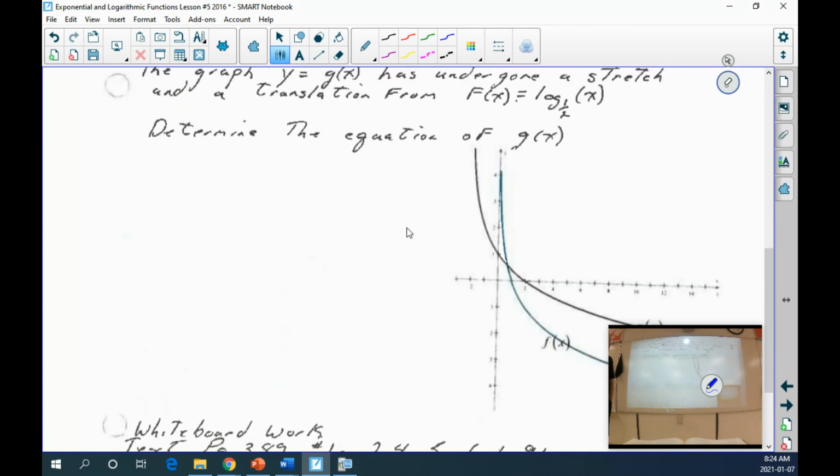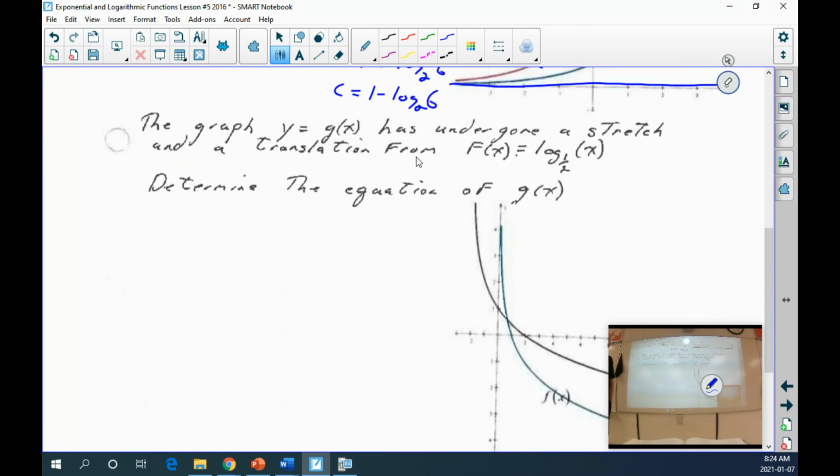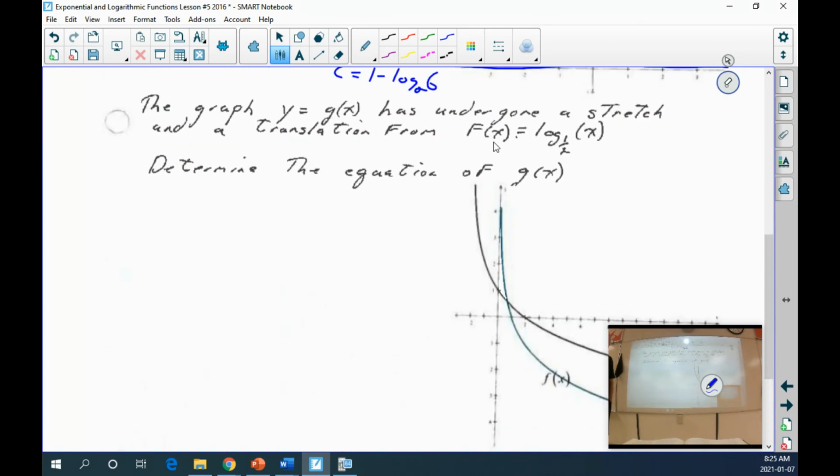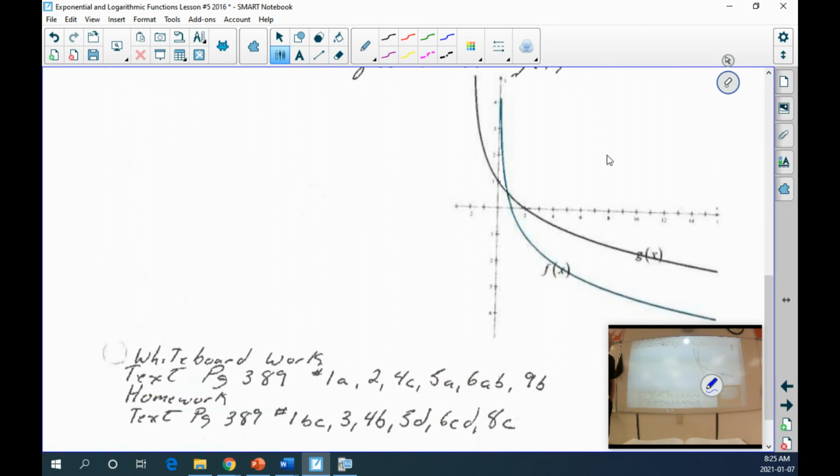Now this one here. We have the original function, f of x equals log base 1/2 of x, which is this one here. This is my original one, f of x.